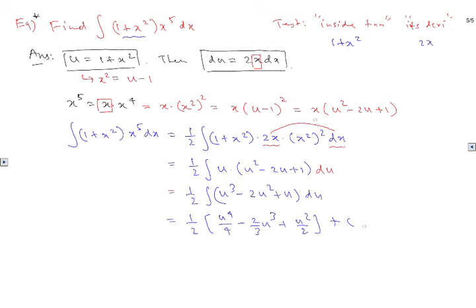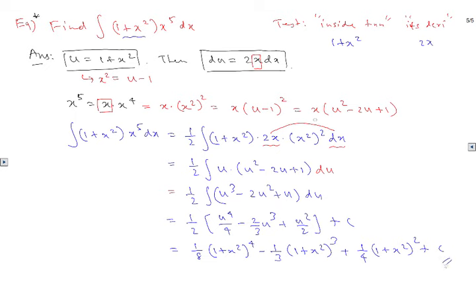Now you're going to substitute back in u. If you do that, you're going to get 1/8 times 1 plus x squared to the 4th power, minus 1/3 times 1 plus x squared to the 3rd power, plus 1/4 times 1 plus x squared, plus C. Okay, so that's the answer.